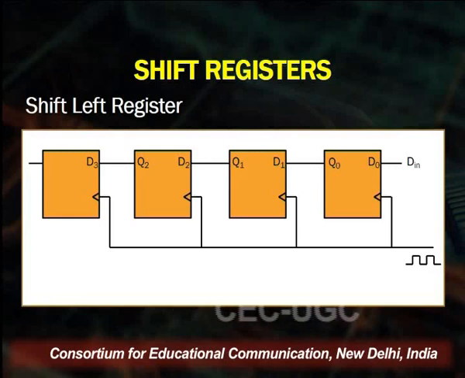The fifth clock pulse will have Q3, Q2, Q1, Q0 again reset to 0, 0, 0, 0, because at the fifth clock pulse the data available in D3 would be lost as per this figure. So in this case we find that the data is seen to shift from right to left. Why? Because the D0 was fed to the first D flip-flop in this case.